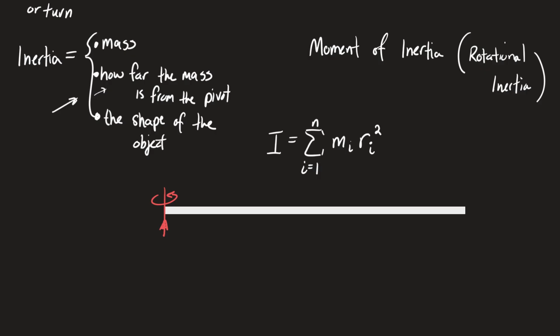But hear me out. This says to take the object and break it up into little pieces, and then find out how far each piece is from the pivot point, and square that. And then go on to the next piece, and the next piece, until you've added up the entire mass of the object.